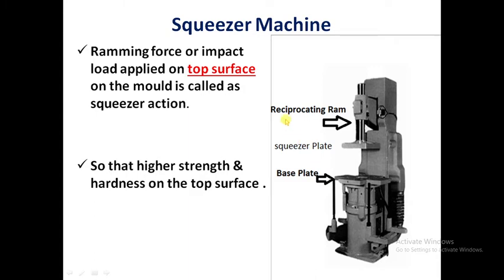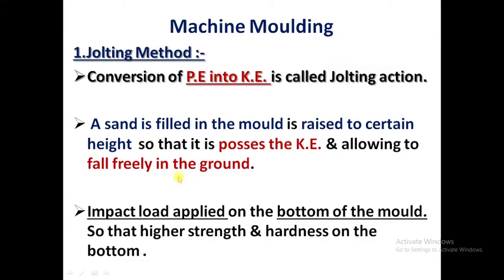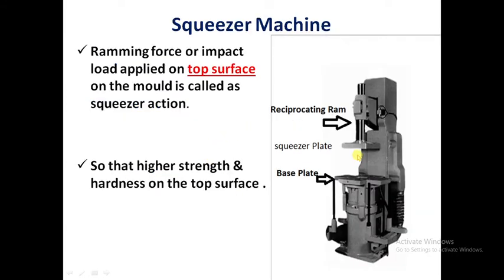In the jolting machine the impact load was on the bottom of the mold, but here the ramming force or impact load is applied on the top surface of the mold, which is called squeezer action, so that high strength and hardness occur on the top surface. Okay, so this is the squeezing machine.